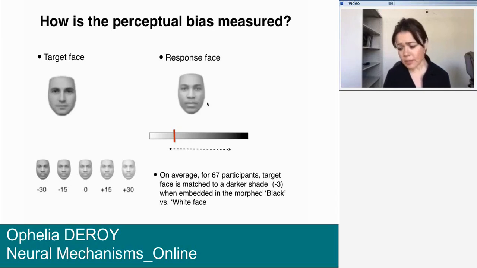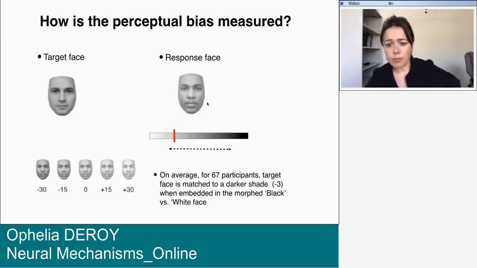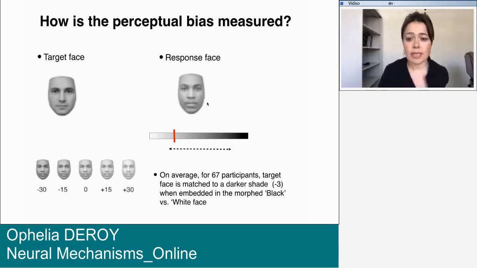And through repeated experiments and measures, the authors managed to show that overall, when the target face is presented with black morphology or African morphology, then the match on the response side was significantly different toward the darker shade.